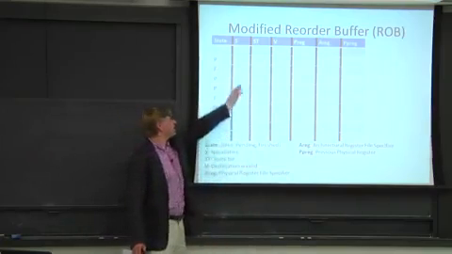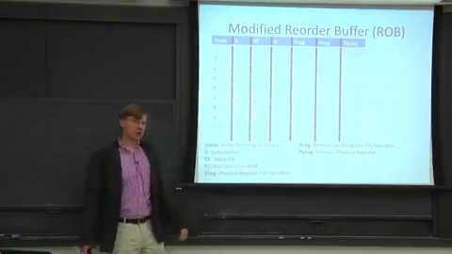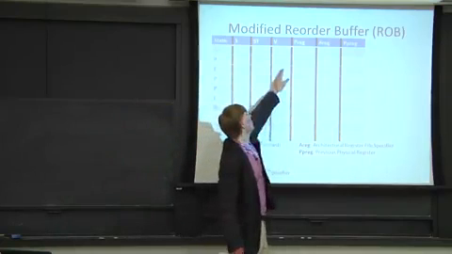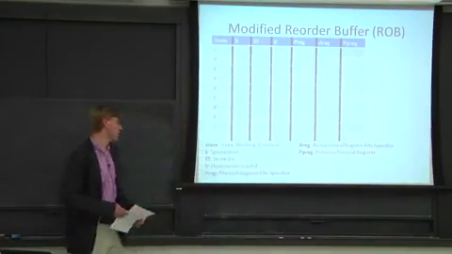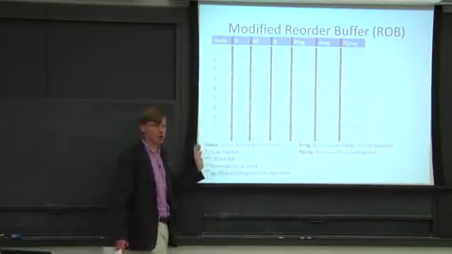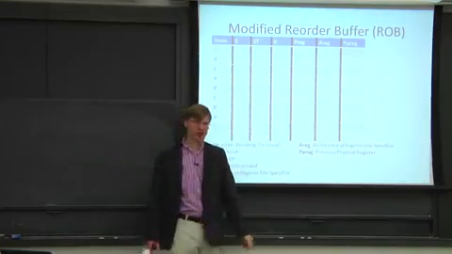We had a bit that says whether it was after a branch. You might have multiple of these bits if you allow multiple branches in flight. A bit that says it's a store or not. A bit that says whether it writes a register. So this says whether the destination is valid. And that's important for us to know, because when we get to the end of the pipe, we need to know whether to actually commit some state into the architectural register file.